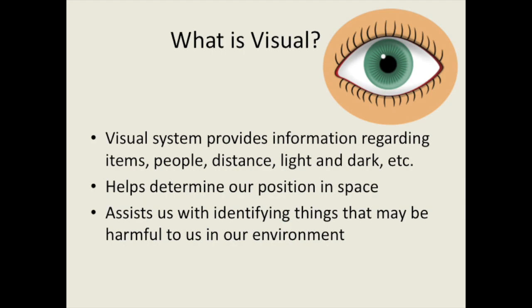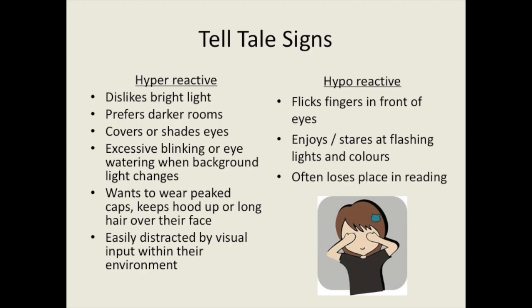So for those children that are hyperreactive to visual input, they may dislike bright lights and prefer darker rooms. When they're outside and it's bright, they may cover or shade their eyes. You may notice your child excessively blinking or their eyes watering when background light changes. You may notice that your child wants to wear peaked caps, keep their hoods up, or long hair over their face.